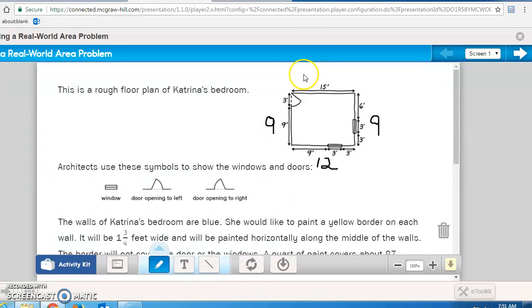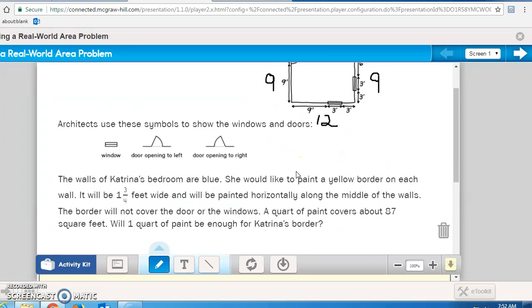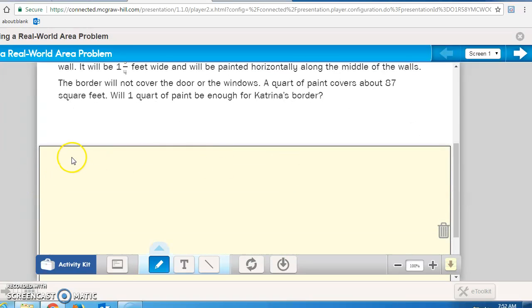So I am going to start right here, and I'm going to explain what I just did there. And here I go. So I have 15 feet. And then I have the 12 minus 3 to get the 9 feet that I just showed you, that is to the right of the 15-foot line.